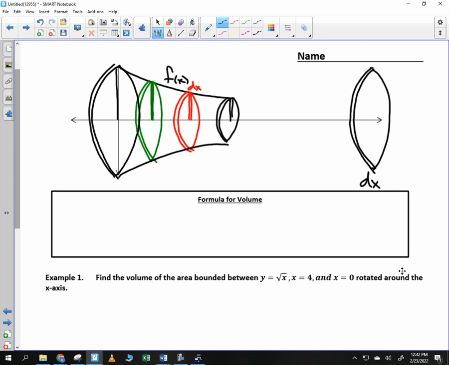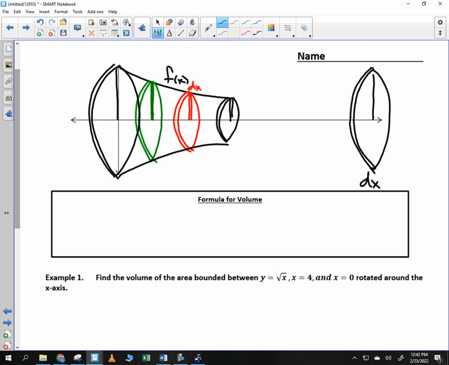So the width is dx, and remember that if we want to find the volume of this shape, we take the area times the width, right? How would you describe the area of a shape like that? Pi r squared, right? We've got a circle.